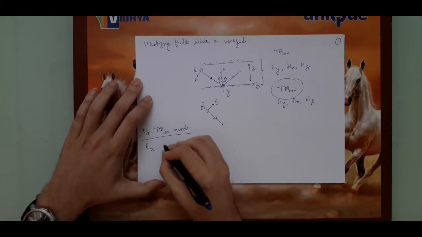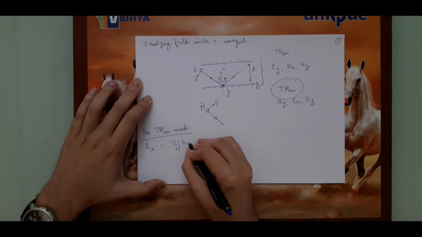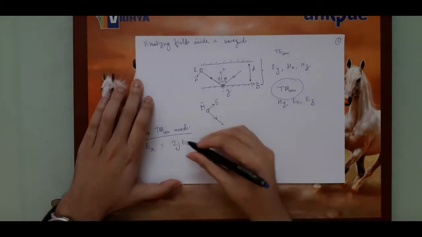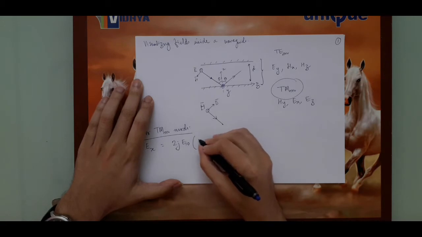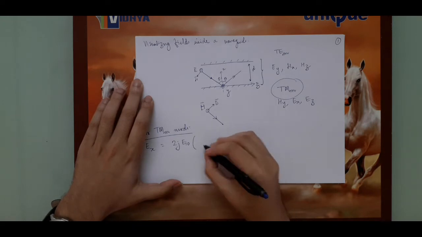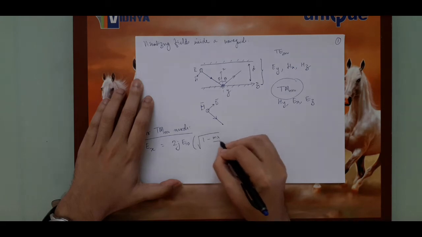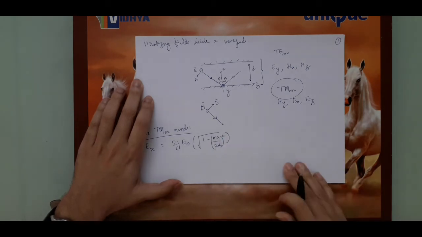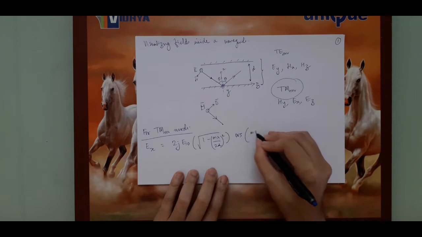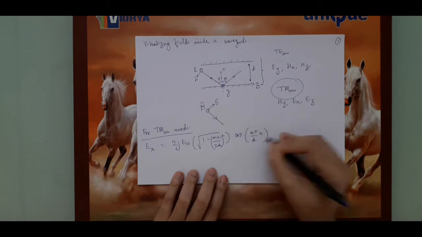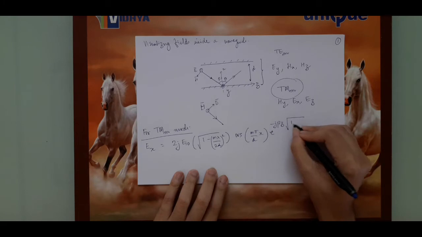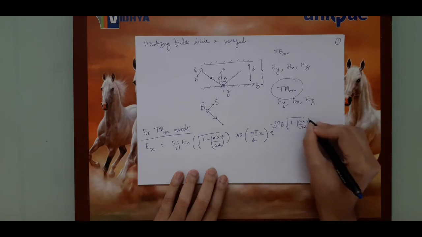So Ex was something of this kind: 2j Ei0 times this times cos of m pi by d x times e raised to minus j beta z times 1 minus m lambda by 2d the whole square.